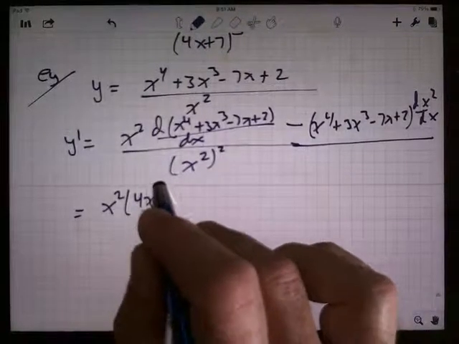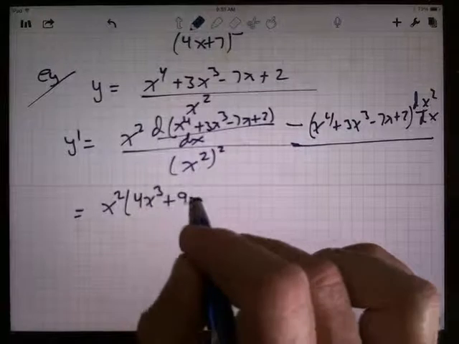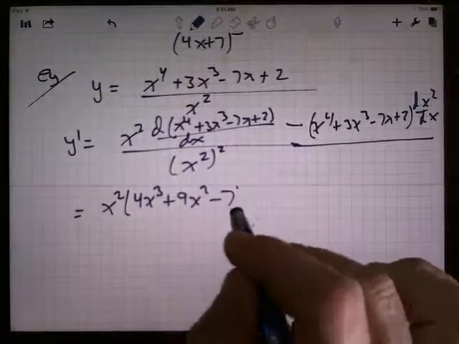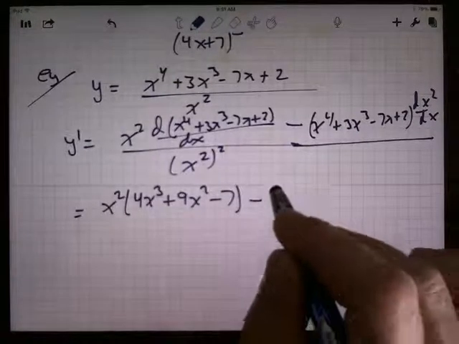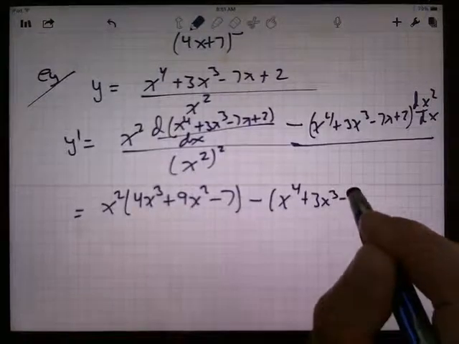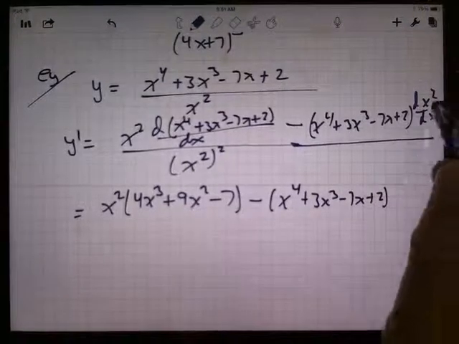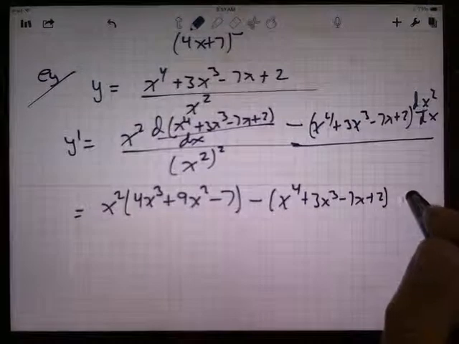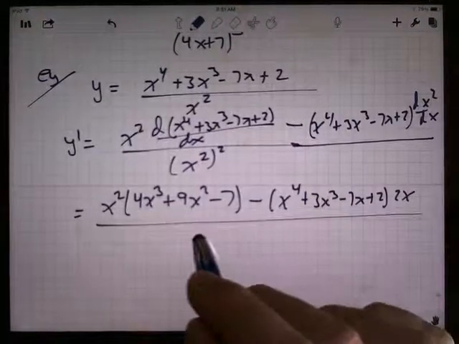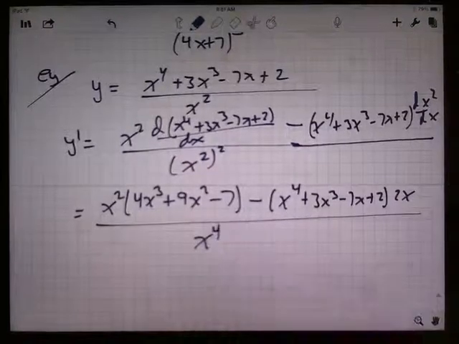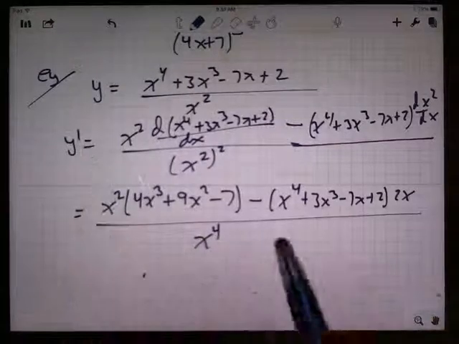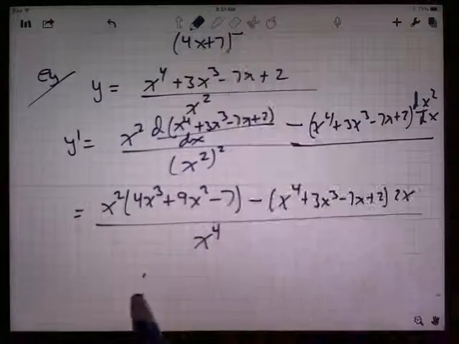So I've got 4x cubed plus 9x squared minus 7 plus 0, and then minus this polynomial, x to the fourth plus 3x cubed minus 7x plus 2, times the derivative of x squared, and that is 2x. And that's all over x to the fourth now. Can you cancel out this x squared with? No, of course I can't because there's a minus sign there, right?